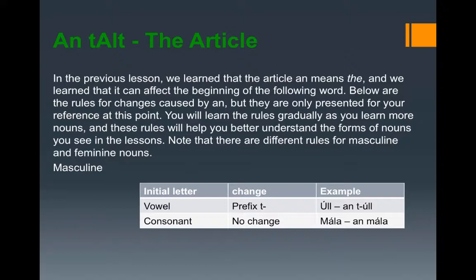For the masculine, if the noun starts with a vowel and you put an in front of it, you have to put the T. Consonants, there's no change. Like in bag, mala, an mala is the same.